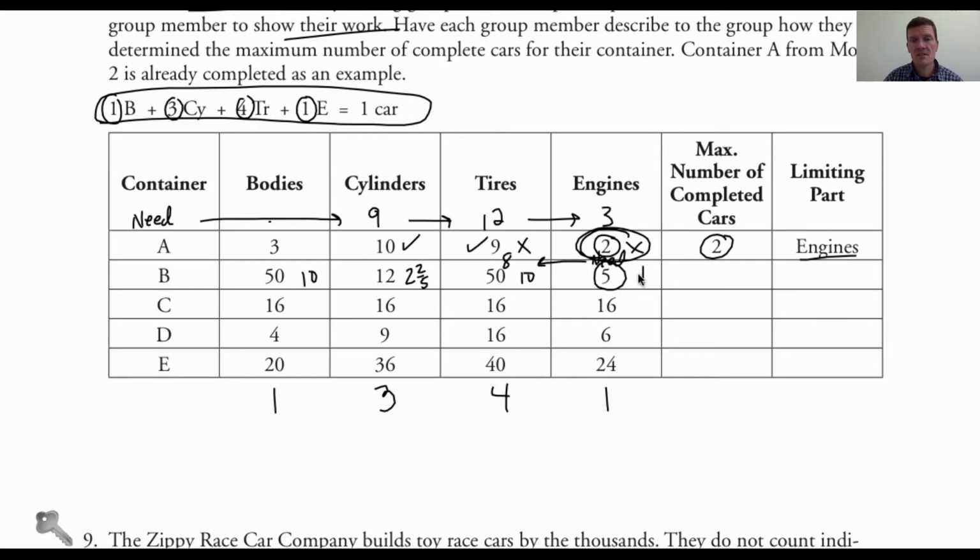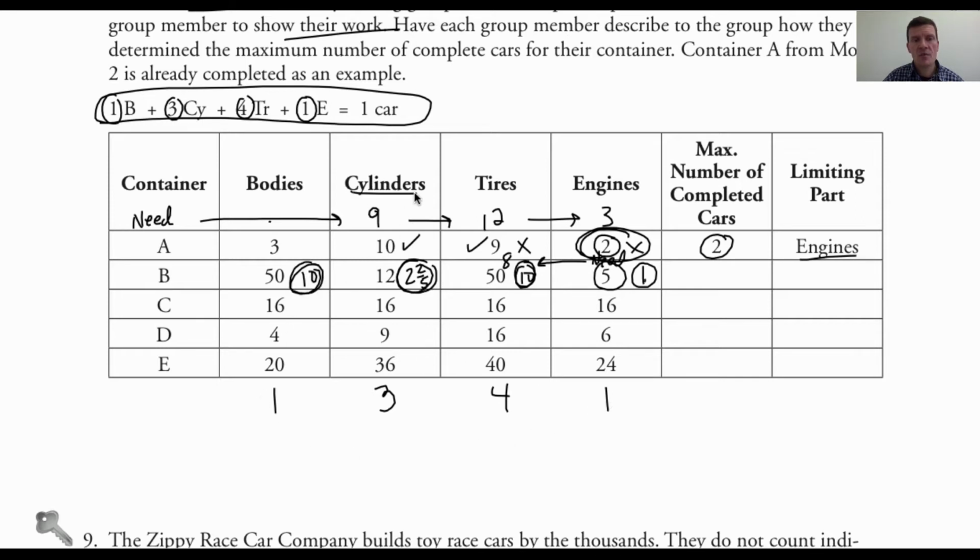So now look at this. If I have a 10 to 2 and 2/5 to 10 to 1 ratio, let's compare that. One engine needs 4 tires. Do I have that? Yes, I got plenty. One engine needs 3 cylinders. Nope, I only got 2 and 2/5. Problem. One engine needs 1 body. Yeah, I got 10.